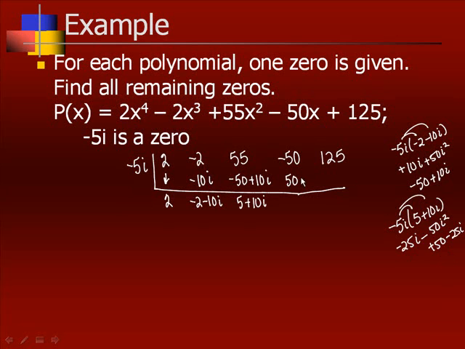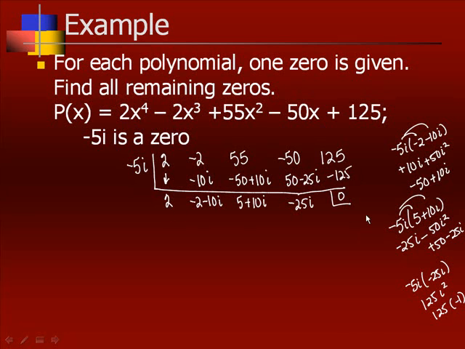So when we combine those, the negative 50 plus 50 cancel, so we get negative 25i. Now when we multiply negative 5i times negative 25i, we get 125i squared, which is 125 times negative 1, which is negative 125, which would combine, and that says, hey, negative 5i is a zero.